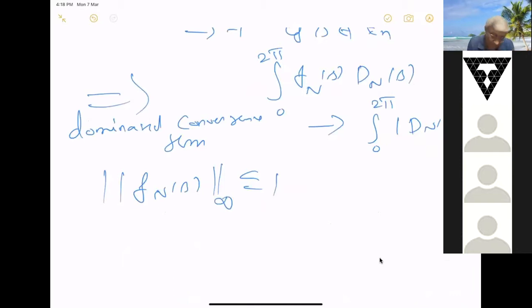So these things imply that the norm of phi, whatever we defined as norm phi, is equal to the integral 0 to 2 pi.